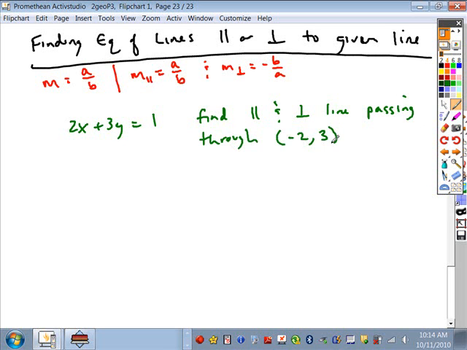Okay, so we want to find the equation of a line that passes through this given point, that's one parallel to this, and then a second one that's perpendicular to it. So it's two separate equations.